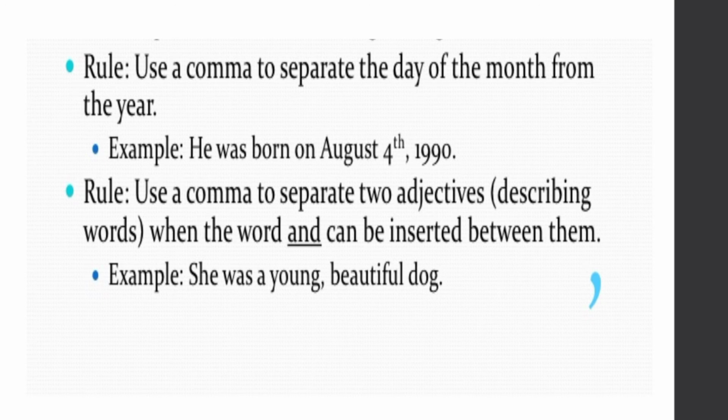Then next, use the comma to separate two adjectives. Adjectives, you know what adjectives are? They are describing words. Use a comma to separate two adjectives when the conjunction and can be inserted between them. So she was a young, beautiful dog.